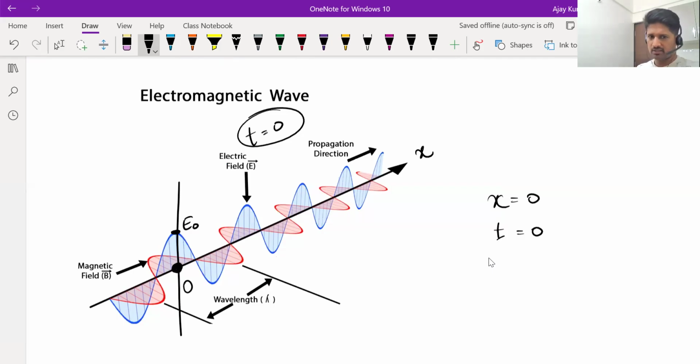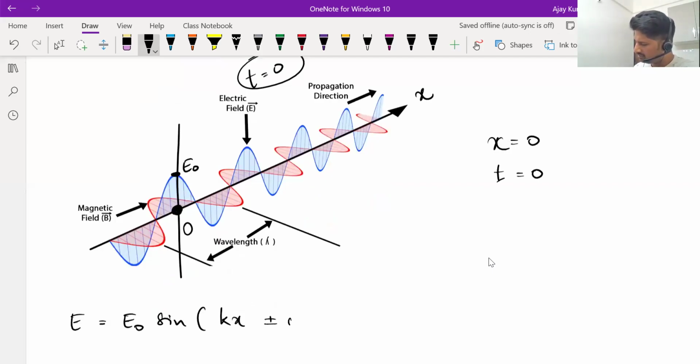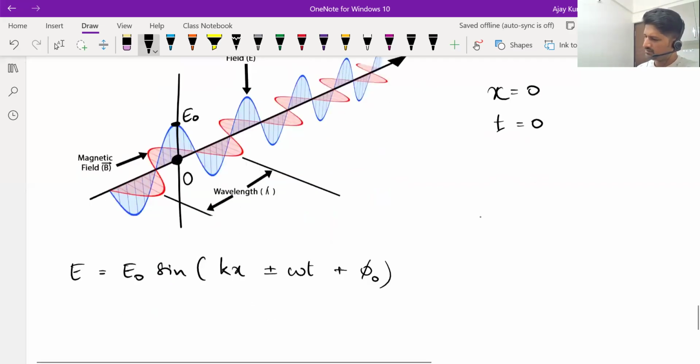Then the electric field is the strongest, positive extreme. Then you put that in the wave equation: E is equal to E naught sine of kx plus or minus omega t plus phi naught. That plus or minus part also we'll discuss.